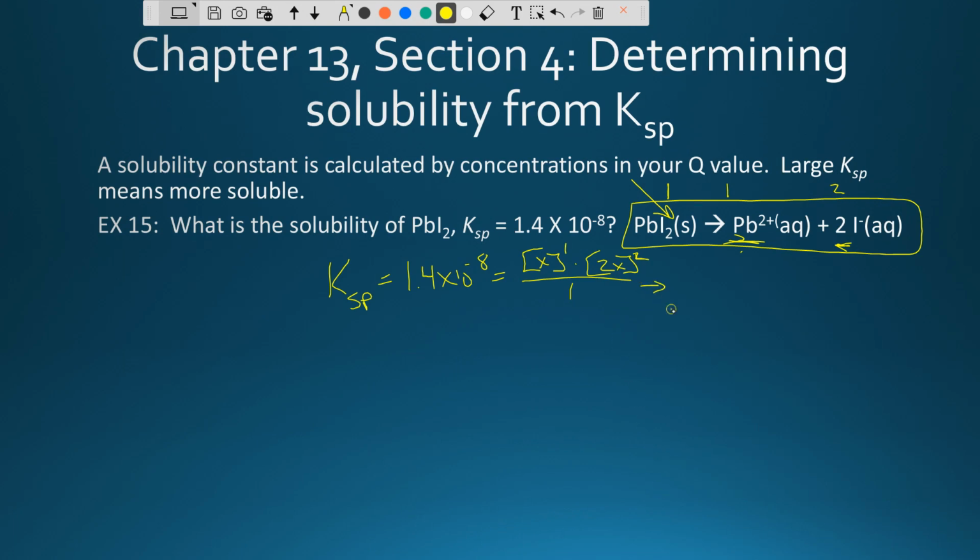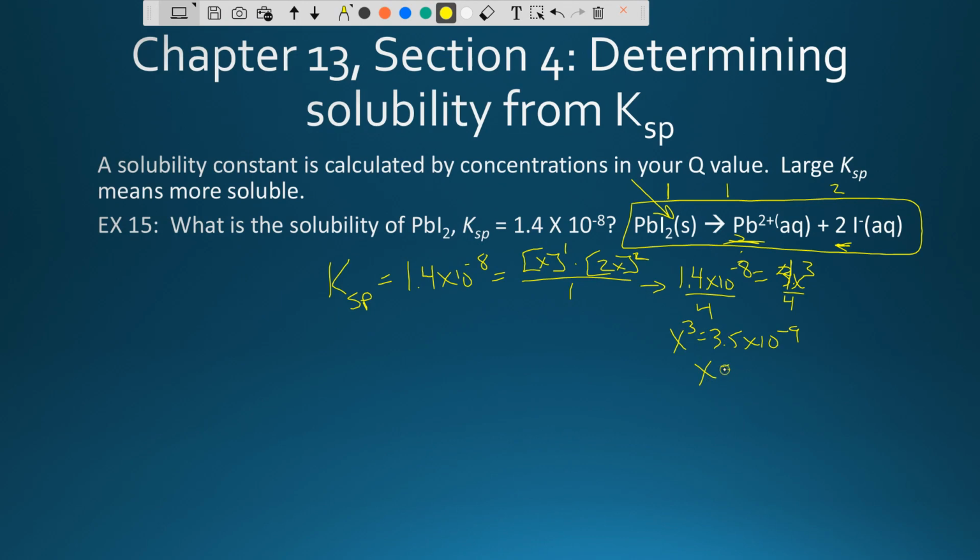If I expand this out math-wise, I'll end up with 1.4 times 10 to the negative 8 equals 4x cubed. Okay, so 2 times 2 is 4, and it's squared. Then 4x squared times x ends up with 4x cubed. If I divide both sides by 4, I'll end up with x cubed equals 3.5 times 10 to the negative 9.